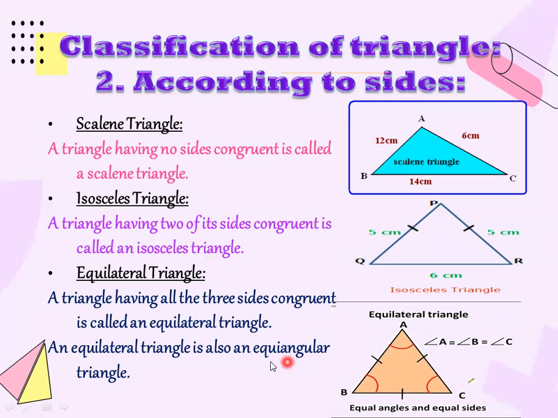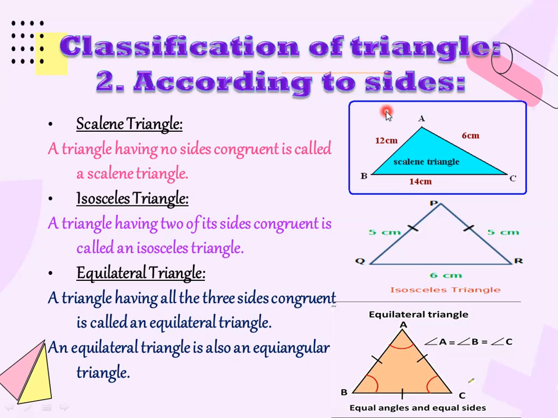Equiangular triangle means the measurement of angle A is equal to angle B, and angle B is equal to angle C. So in an equilateral triangle all the sides are equal as well as all the angles are equal. That triangle will be called an equilateral triangle.